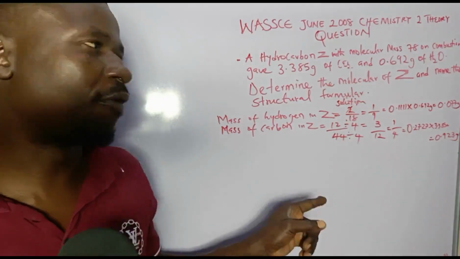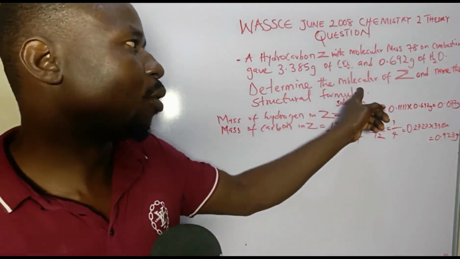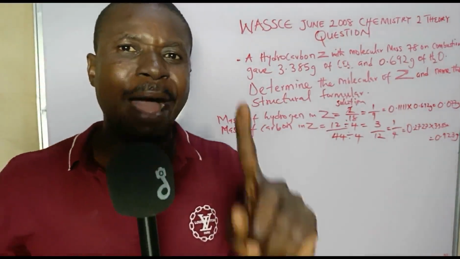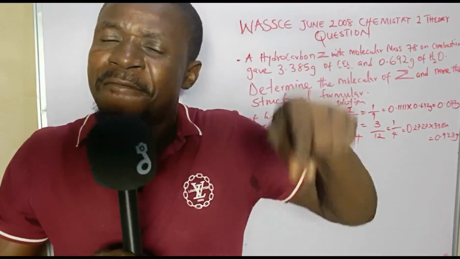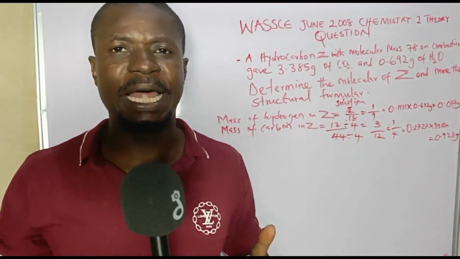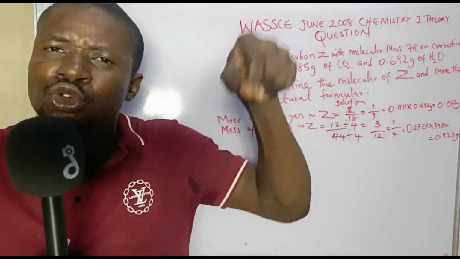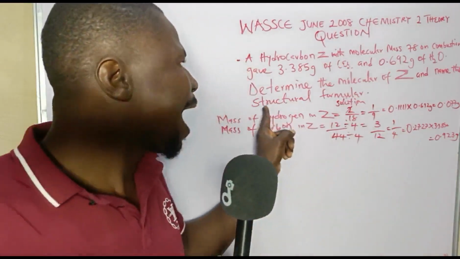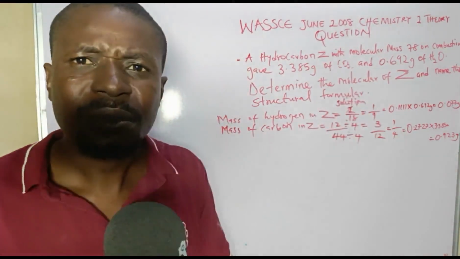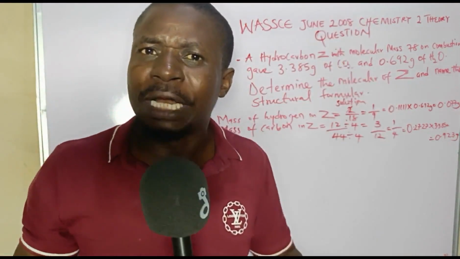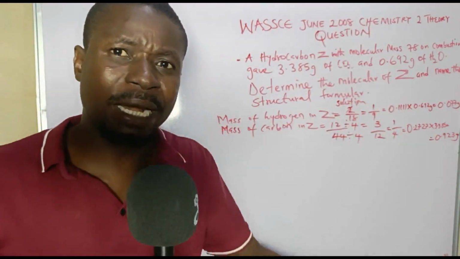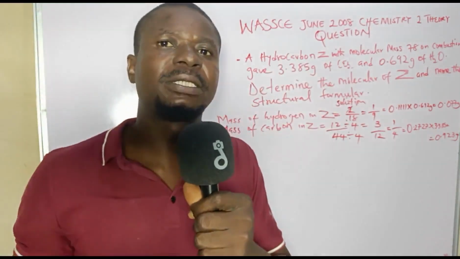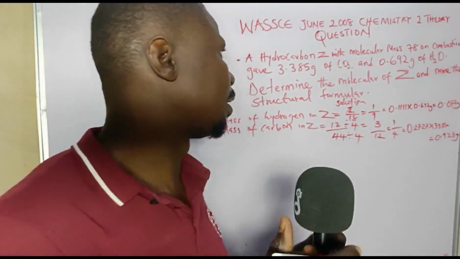After getting this empirical formula, you need to get the molecular formula of Z. The molecular formula gives more information than the empirical formula, telling us the actual number of that element in the particular compound. While the structural formula gives more information than the molecular formula, telling us the arrangement of that element in that compound.